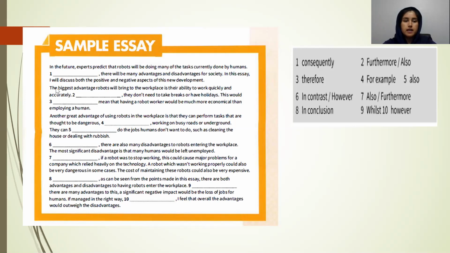For example, in here, the advantage says, the biggest advantage robots will bring to the workplace is their ability to work quickly and accurately. And then the disadvantage is that there are many disadvantages to robots entering the workplace. The most significant disadvantage is that many humans can be left unemployed. So these are the advantages and disadvantages.